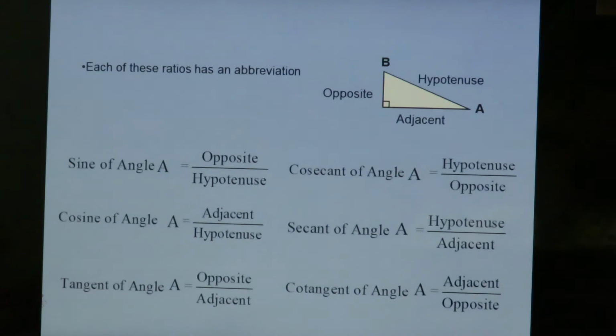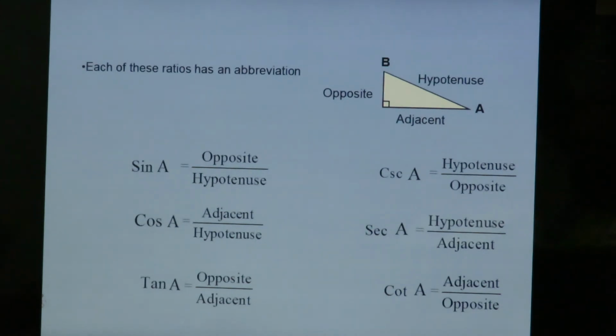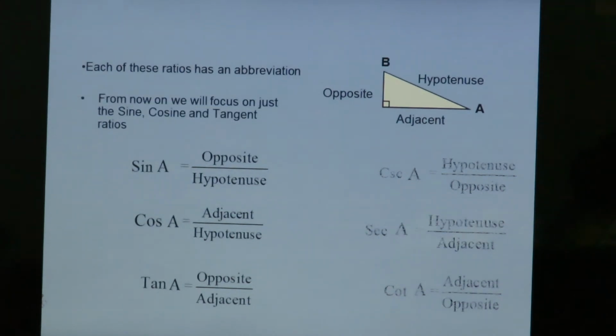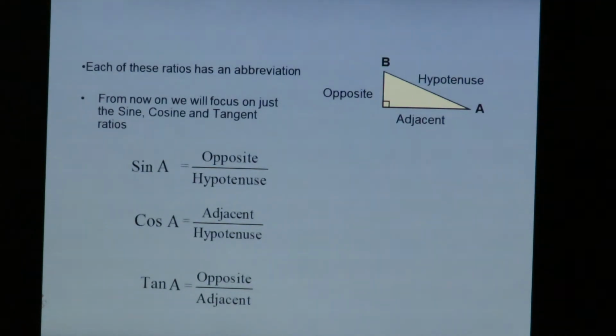Each of these ratios has an abbreviation. Sine of angle A will be written as sin A, cos of angle A as cos A, tangent of angle A as tan A, cosecant of angle A as cosec A, secant of angle A as sec A, and cotangent of angle A as cot A. From now on, we will focus on just the sine, cosine and tangent ratios.